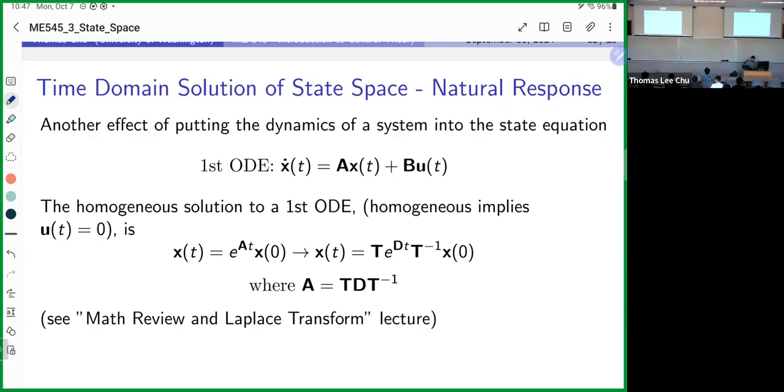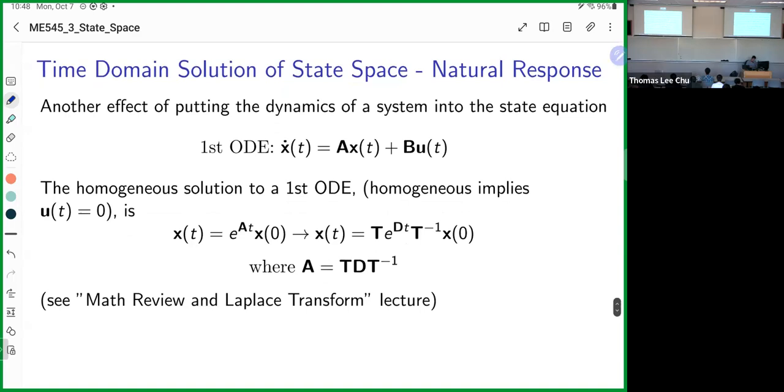So the homogeneous solution, which implies that our input is 0 and we have initial conditions, is this: the x vector is equal to e to the A matrix multiplied by t, times the initial condition vector. This is the natural response. We're ignoring the forced response right now.